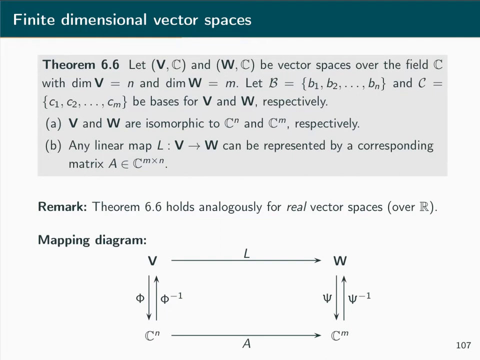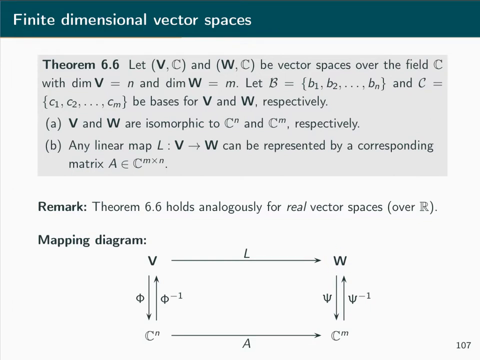As a remark, it should be noted that theorem 6.6 holds analogously for real vector spaces, where the underlying field is R instead of C. Moreover, for an illustration, there's a mapping diagram drawn down here, where we have the vector spaces V and W up here.